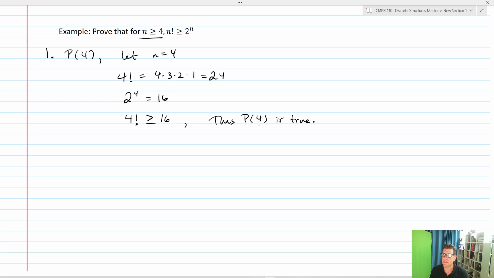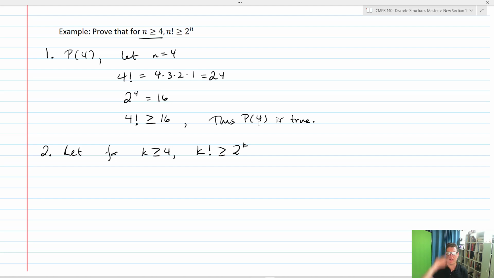Now we go on to our inductive step. We're going to let, for k greater than or equal to 4, k factorial be greater than or equal to 2 to the k. That's our basic assumption. We need that k is greater than or equal to 4.